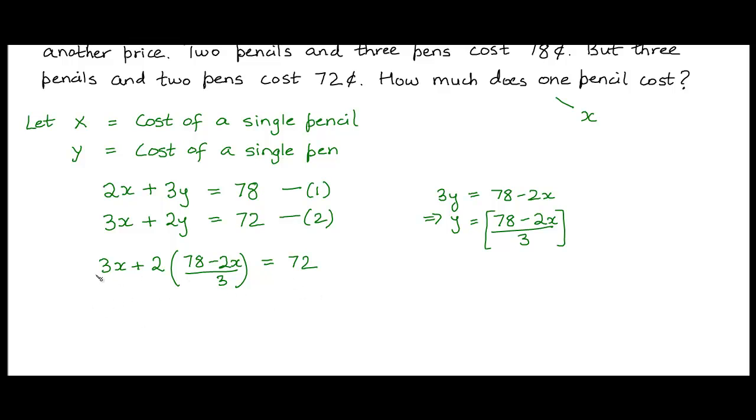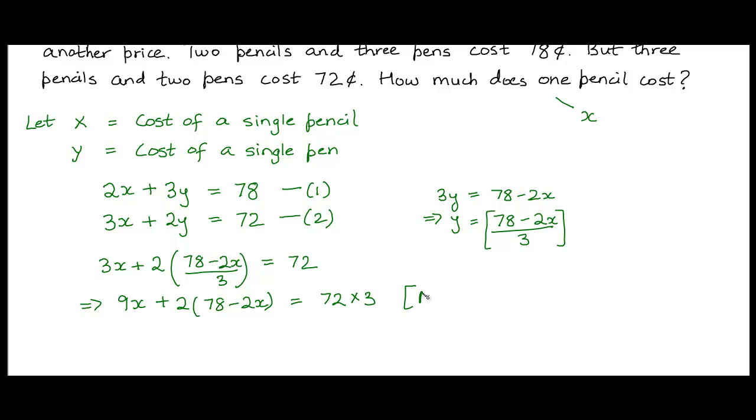Let's multiply the left hand side and the right hand side by 3 just to get this 3 out of the denominator. Multiplying the left hand side by 3, we get 9x plus twice of (78 minus 2x), and on the right hand side we have 72 multiplied by 3.